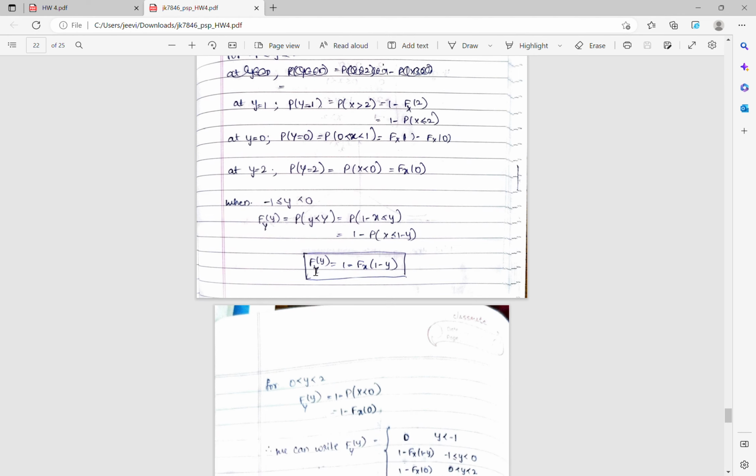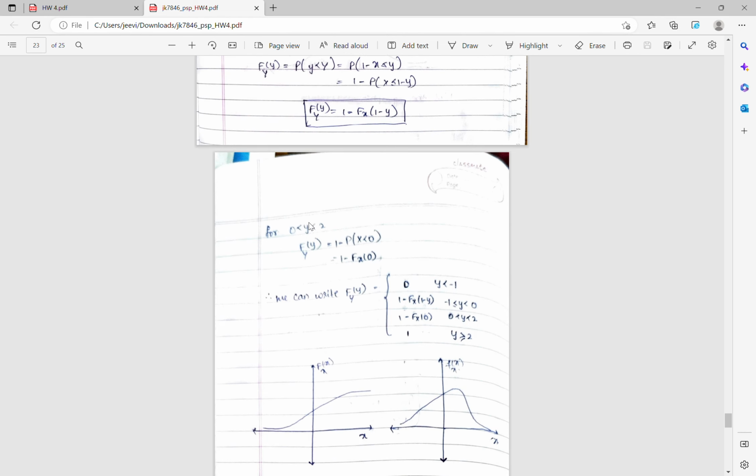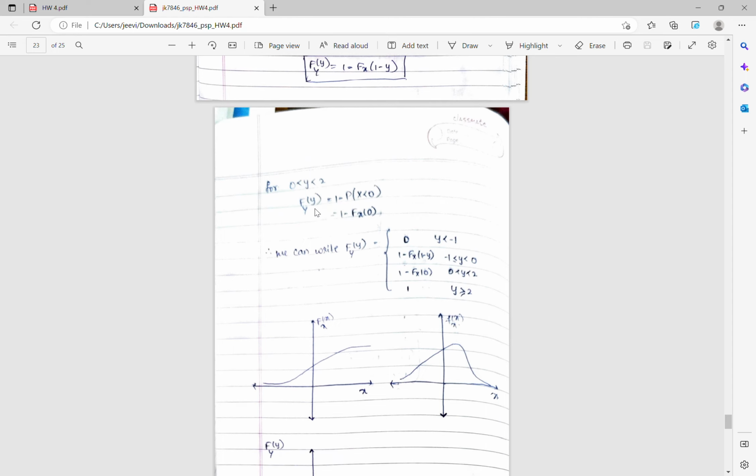Therefore, the cumulative distribution function of Y will be equal to 1 minus the cumulative distribution of X at 1 minus y. For y between 0 and 2, the cumulative distribution function for Y will be equal to 1 minus P of X less than 0, which is equal to 1 minus F_X(0).